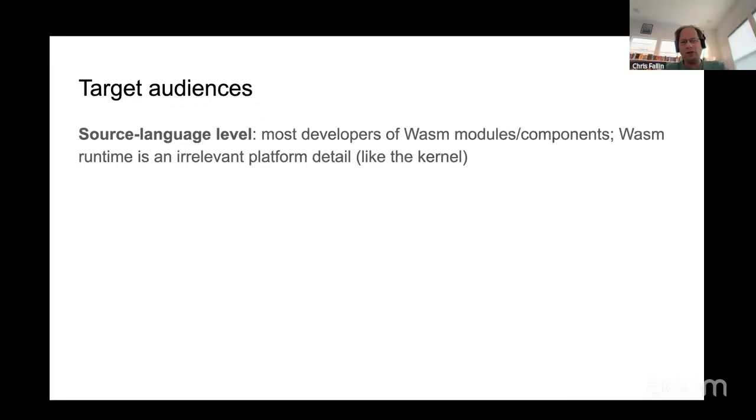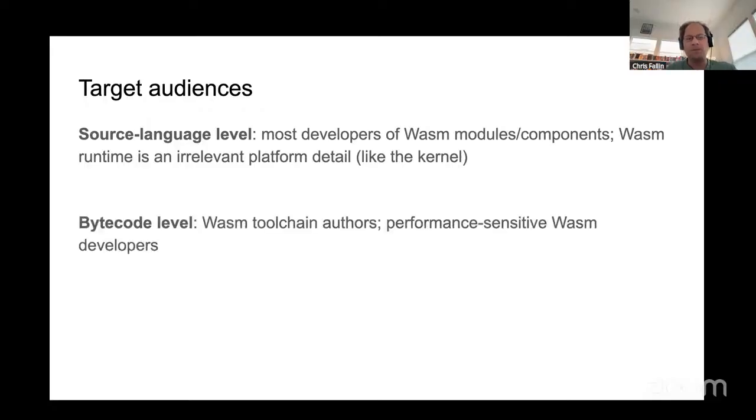So who are each of these kinds of debugging useful for? Source language level, I would say, is most developers, most users of Wasmtime that we're targeting. This is the 95% use case, right? To them, the Wasm runtime or the Wasm platform is kind of irrelevant, like the kernel for native platform development. It's just where the code's running, but really you care about debugging your code.